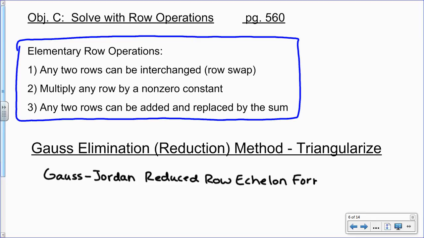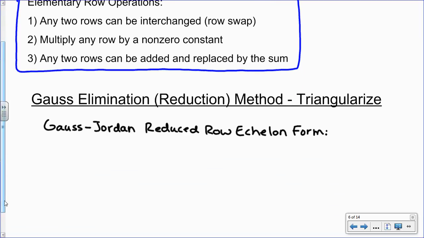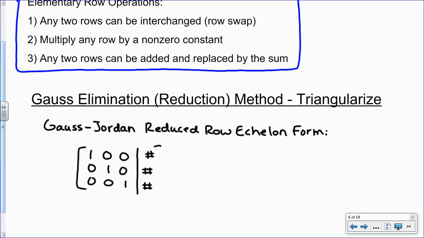So it's called reduced row echelon form, Gauss-Jordan, if you see that name. And you get your augmented matrix to look like this. So I am going to use just the number sign, like the pound sign, meaning this could be any number.